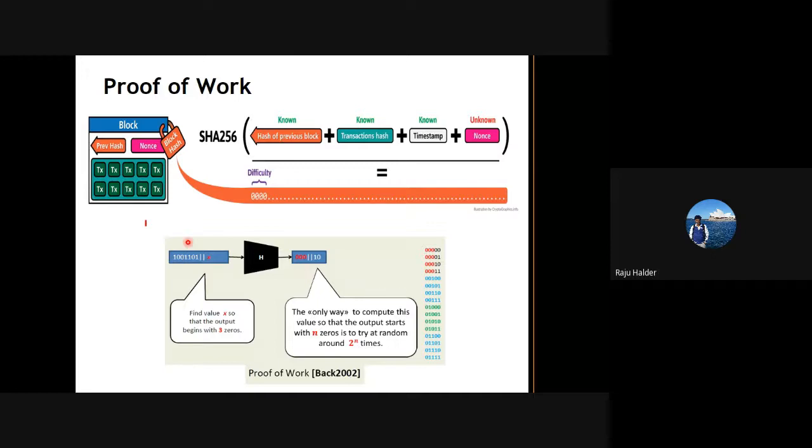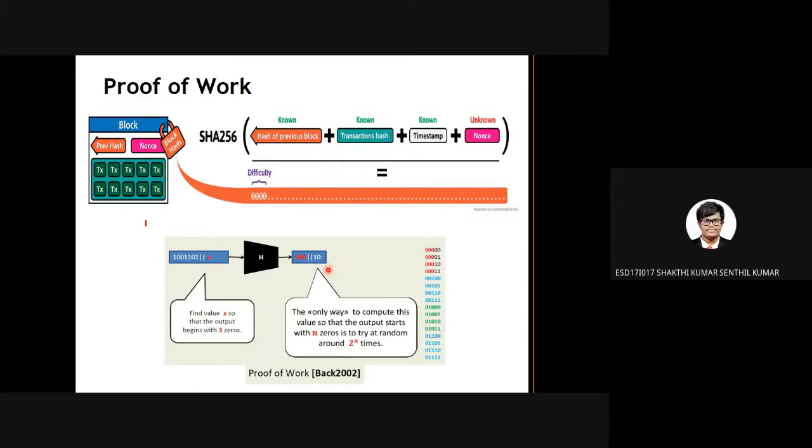Suppose this is the block you have created as a miner, and you apply the hash function, you get some hash value, and in the hash value you get 2 zeros, and someone else got 3 zeros. Which one is more difficult in terms of probability? 2 zeros is more probable to get.